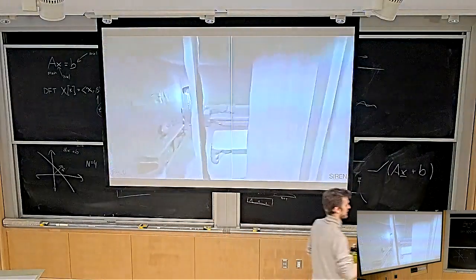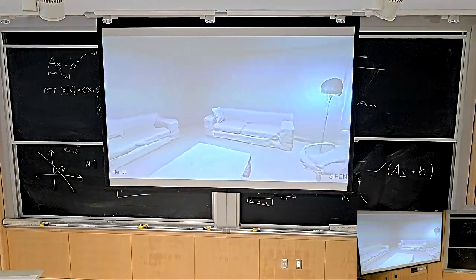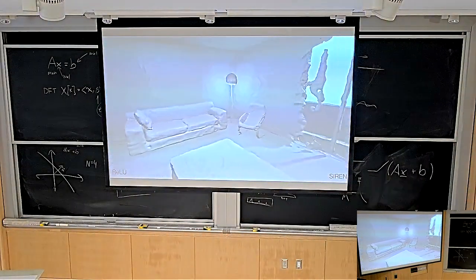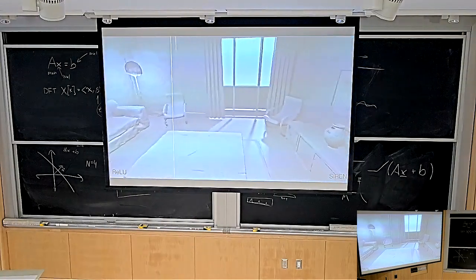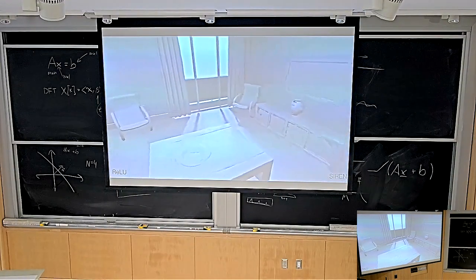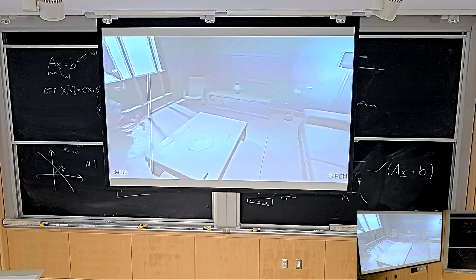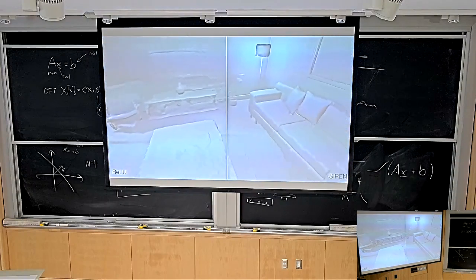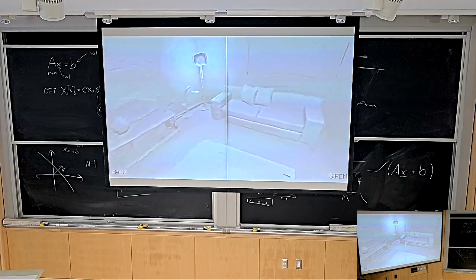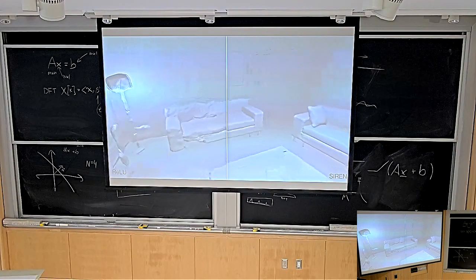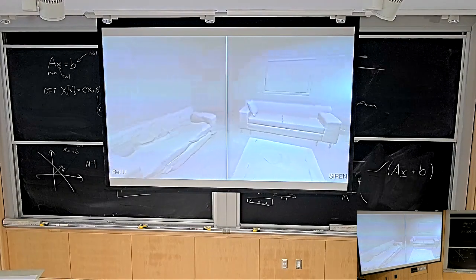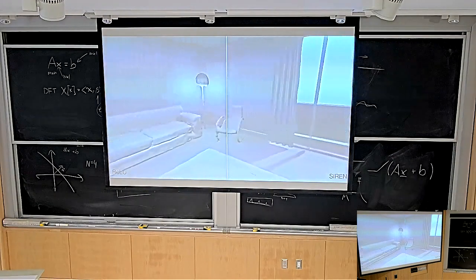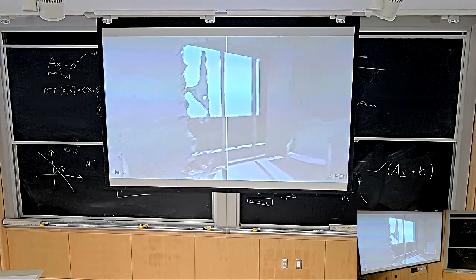On the left-hand side, you can see a signed distance function parameterized by a ReLU neural network. And on the right-hand side, you can see a signed distance function parameterized by this sinusoidal representation. We called it sinusoidal representation networks because the acronym, SIREN, was a cool short name. But this is really noteworthy. This whole room is stored in one neural network, which you literally give a 3D coordinate, and it tells you the signed distance function for that coordinate.